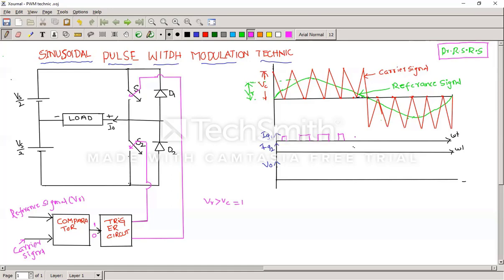Here, it further decreases. The same thing if you continue in the negative cycle, S2 is getting the pulses here. From this point to this point, again the reference magnitude is more, the width also more. Again in this interval, again here.